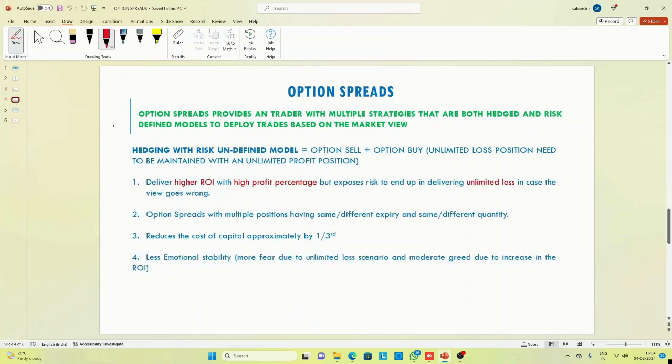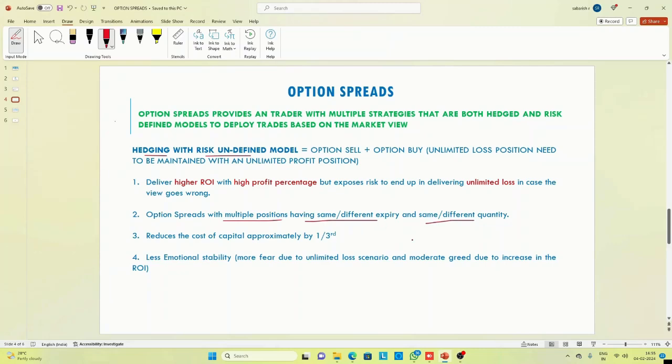The second model is hedging with risk undefined. The first model was hedging with risk defined. The second model is hedging with risk undefined. Hedging, we know for every option sell, we need to maintain an option buy. Now, in risk undefined model, option spreads will have multiple positions having same or different expiry and same or different quantity.